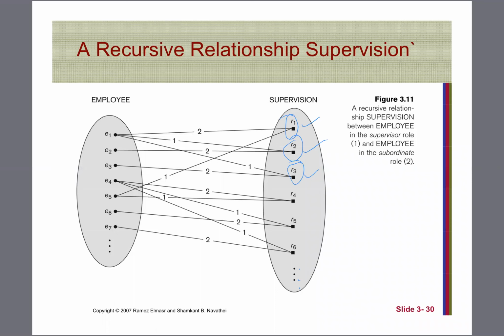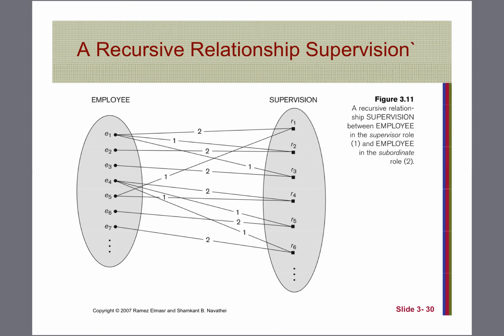So R1 is the relationship between E1 and E5. R2 is the relationship between E1 and E2. Okay, this is the representation of recursive relationship. Hope you have understood this.